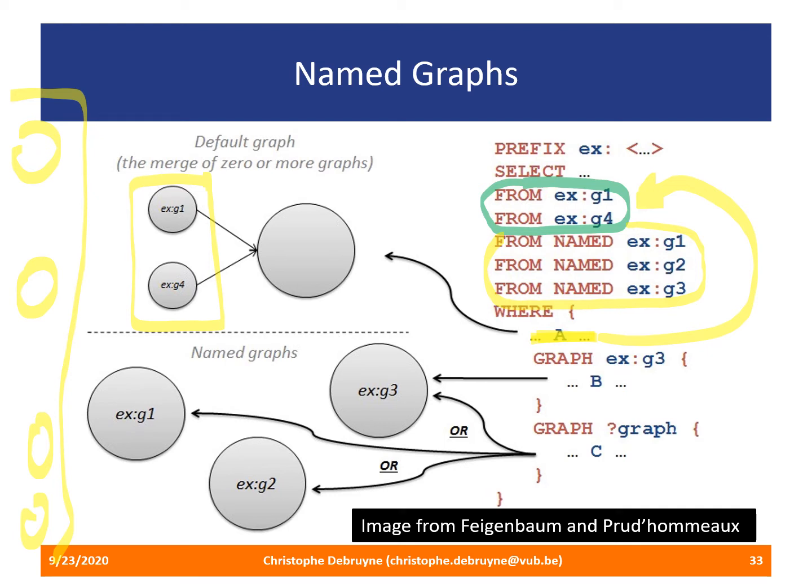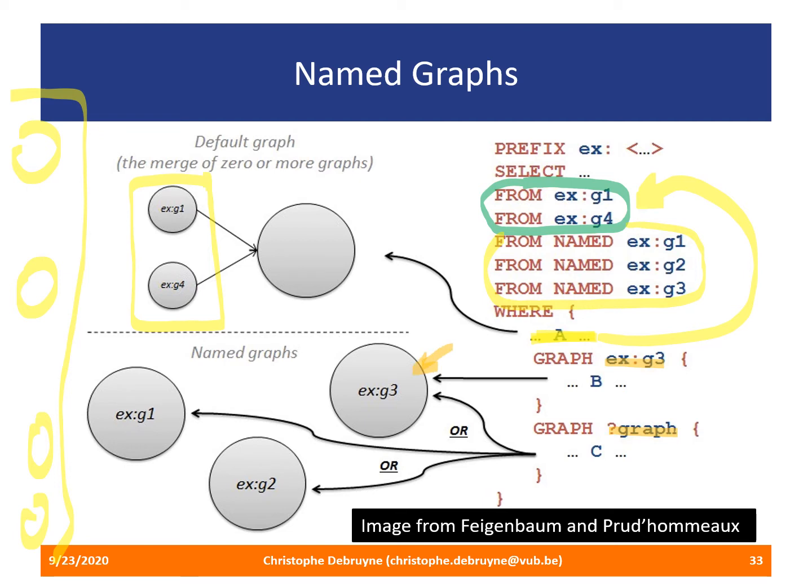But whenever we're looking inside a graph, either by explicitly referring to a resource or with a variable, well, then we are looking into the named graphs. So in this particular case, we are looking explicitly in this graph.